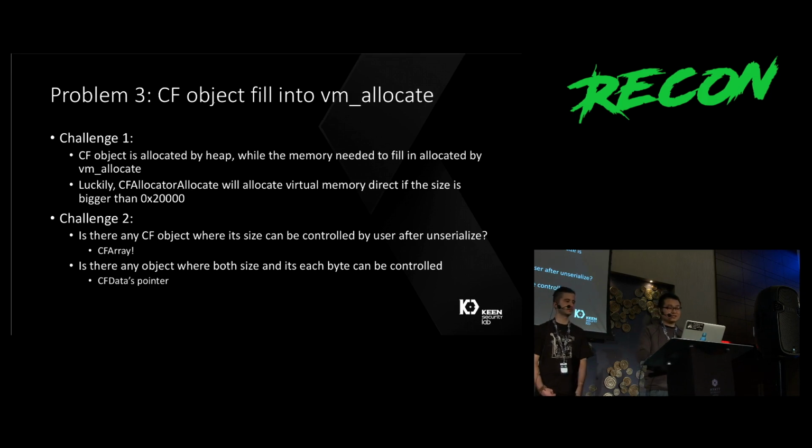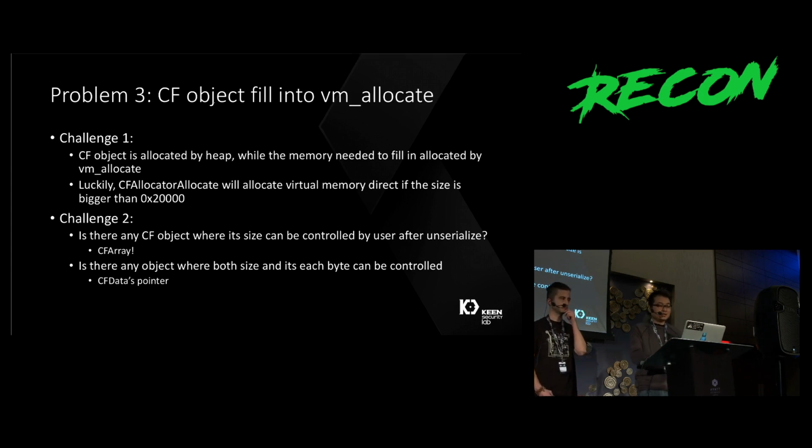And is there any such object whose size can be controlled? Usually a CF object has some headers and maybe a pointer, and the pointer points to some memory. But after our check, we found the CF array during unserialization is the best solution, because it contains some metadata in the header, and its elements are all inlined just after its metadata, so you can fully control the size.